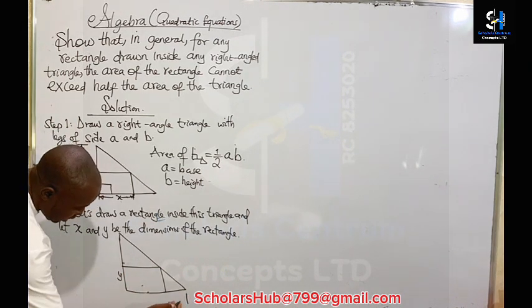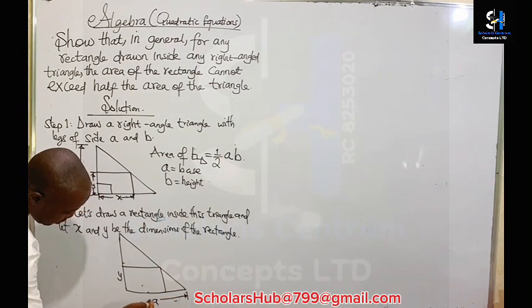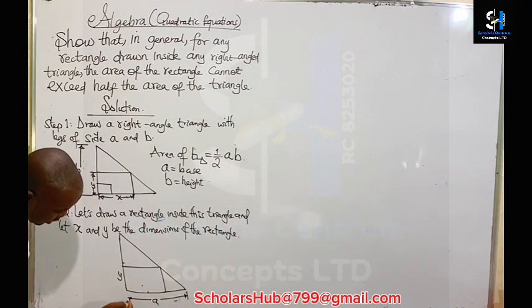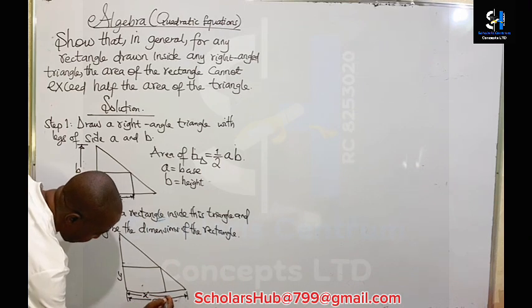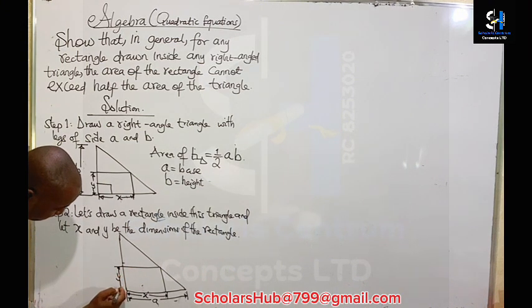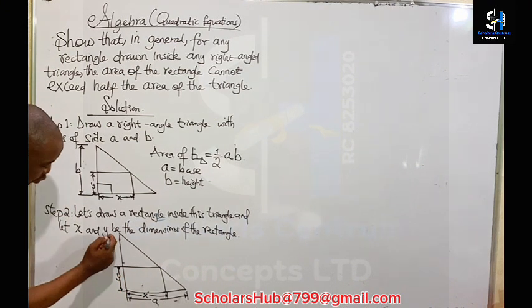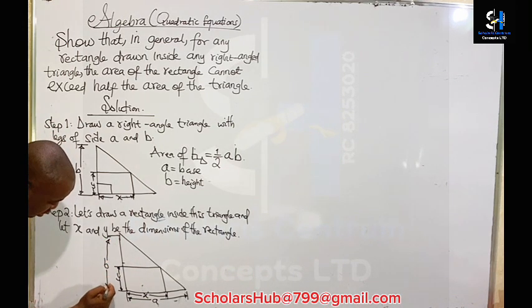Like I said, the base of the triangle is A. This is x, and this is y. The height of the triangle is B.